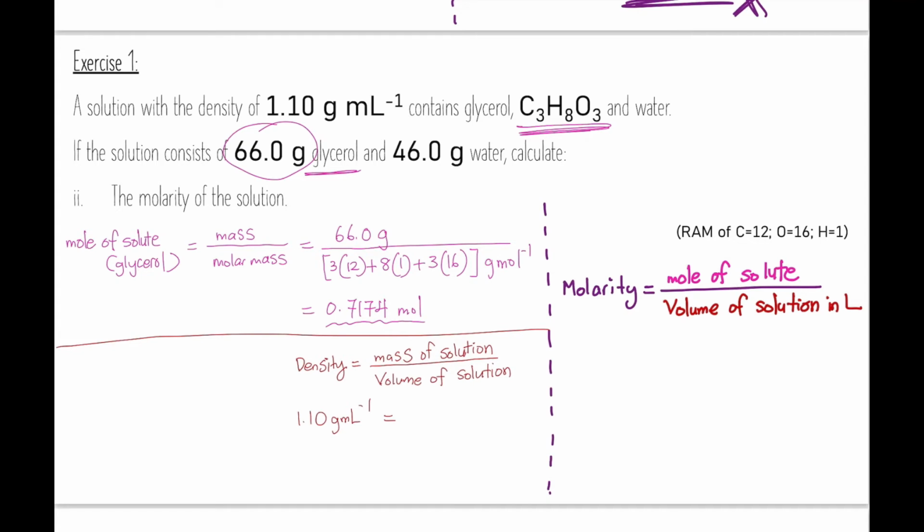For the mass of solution, we need to calculate it first. Mass of solution is equal to mass of solute plus mass of solvent.